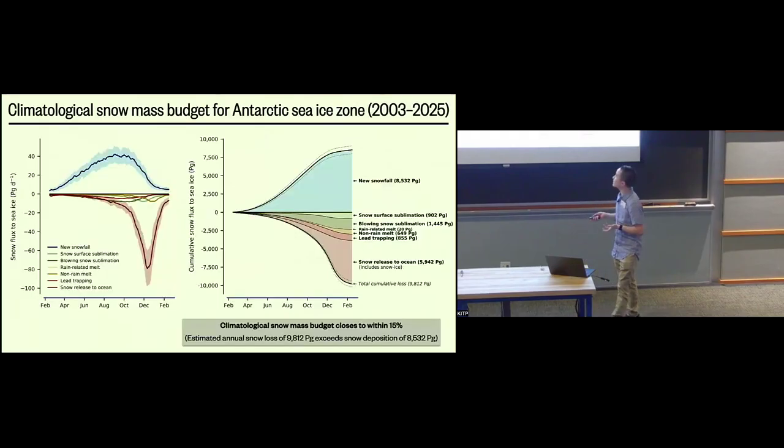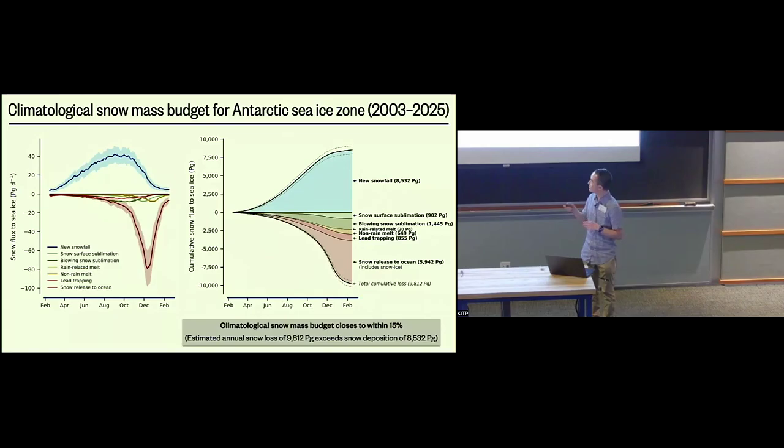So this next figure depicts the average seasonal values, the climatology, of the snow mass budget for the entire Antarctic sea ice zone. On the left are climatological fluxes, starting when the model was initialized, February 15th of each year. And on the right are the same fluxes accumulated over time.